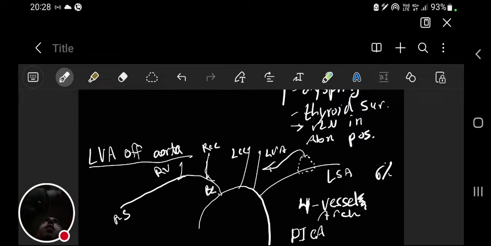The other side, with its communications, can compensate for this blockage, for example in ischemic stroke, embolism, thrombosis, and things like this.